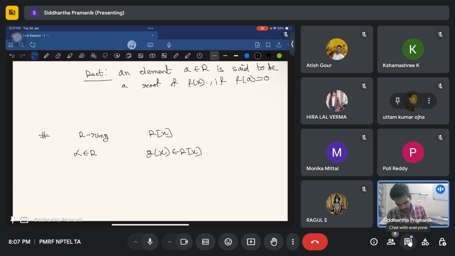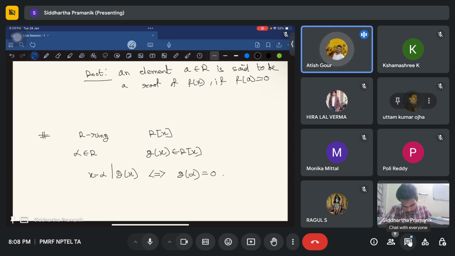I don't recall the exact statement now. One statement I can remember is that x minus alpha will divide g of x if and only if g of alpha is 0. You can prove that using the division algorithm. It is not very difficult.